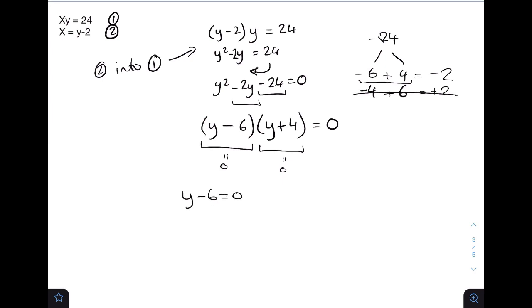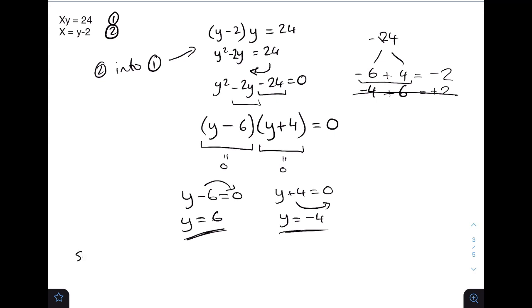Well, that's y equals 6 because we just move over this 6 to the right. y plus 4 equals 0. If we move this over to the right, y is equal to minus 4. So we have two solutions in this example. The examples before, we've only had one because they seem to be linear equations. So now what we can do is use y equals 6 to figure out a solution, and then we'll use y equals minus 4 to figure out our second solution.